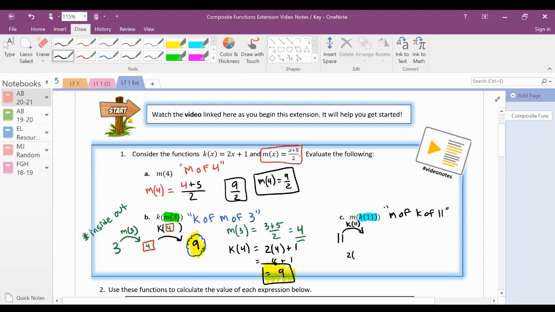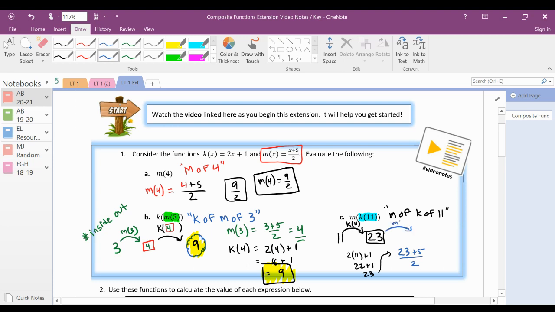That would be 2 times 11 plus 1, 22 plus 1, or 23. So now that output is 23. Now 23 is going to go into my m function as its input. So I'm going to have (23 plus 5) over 2. So I'll write that here.